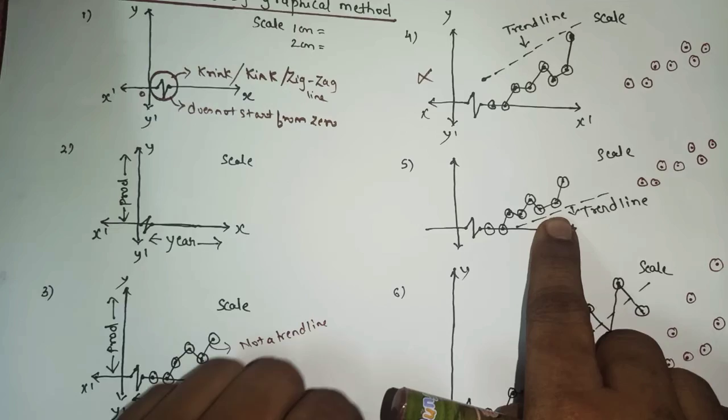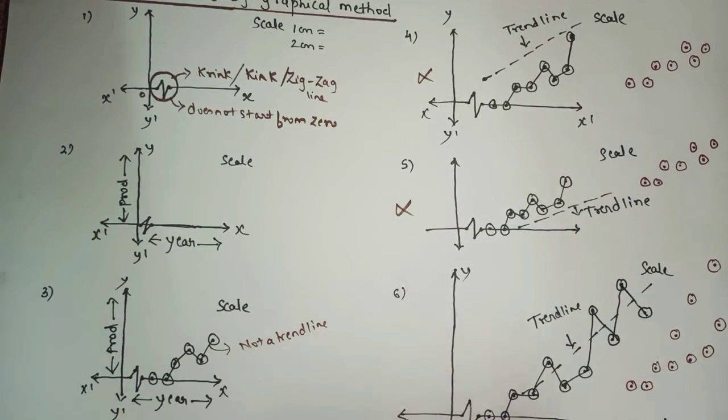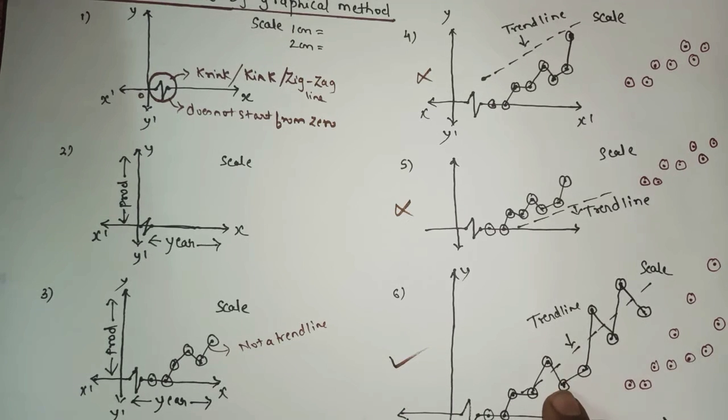We cannot draw the line even like this. This is the proper way of showing the trend line.